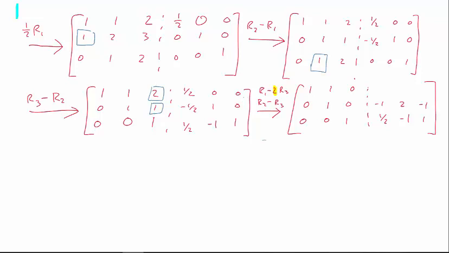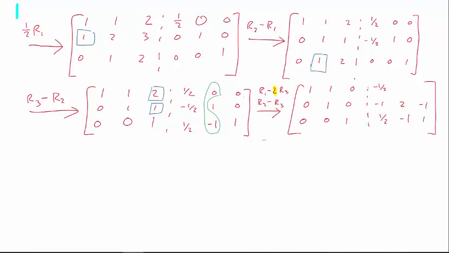Alright, so let's look at the next bit right there. 1 half minus 2 times 1 half, sorry, which is going to get us negative 1 half there. 0 minus 2 times negative 1.